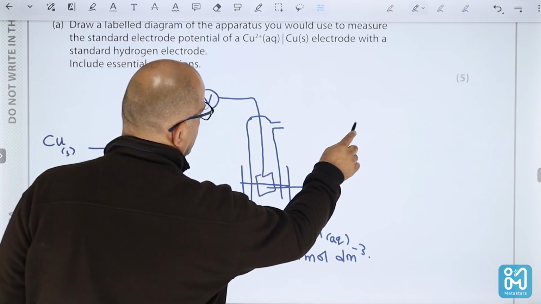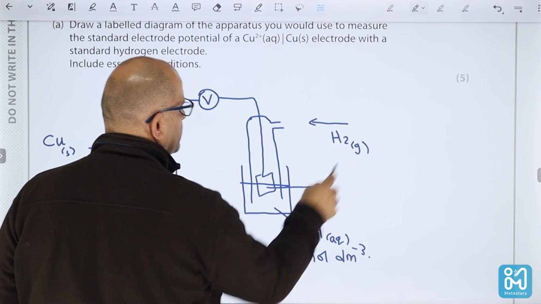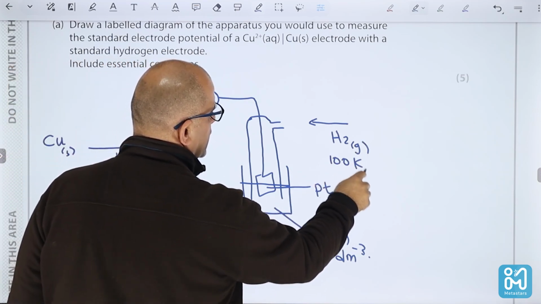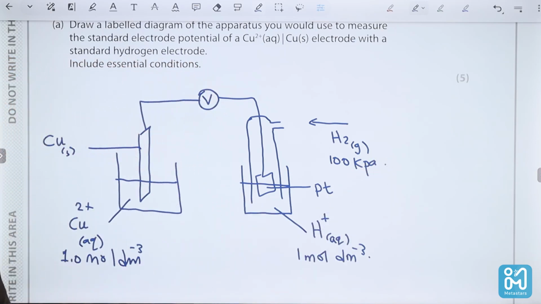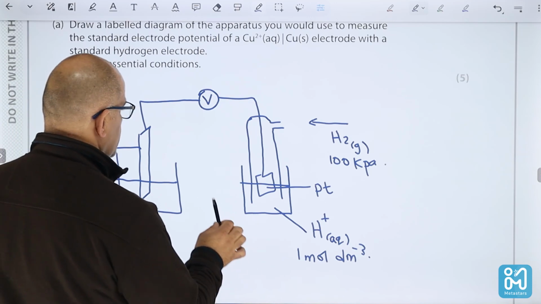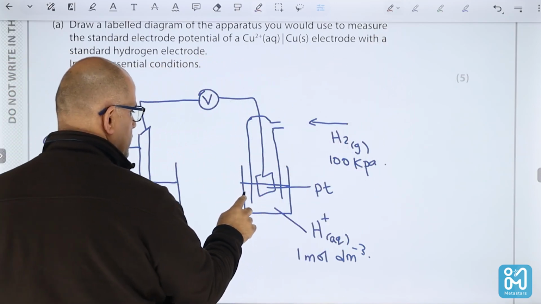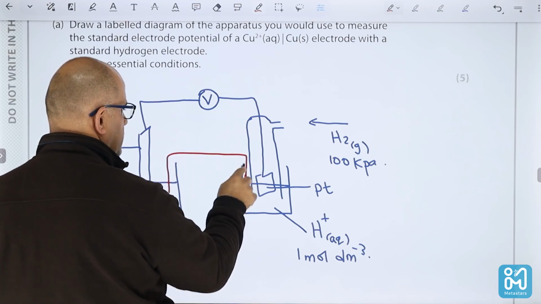And here we have a current of hydrogen gas, which is at 100 kilopascal, and there is something which is very important also, which is the salt bridge.